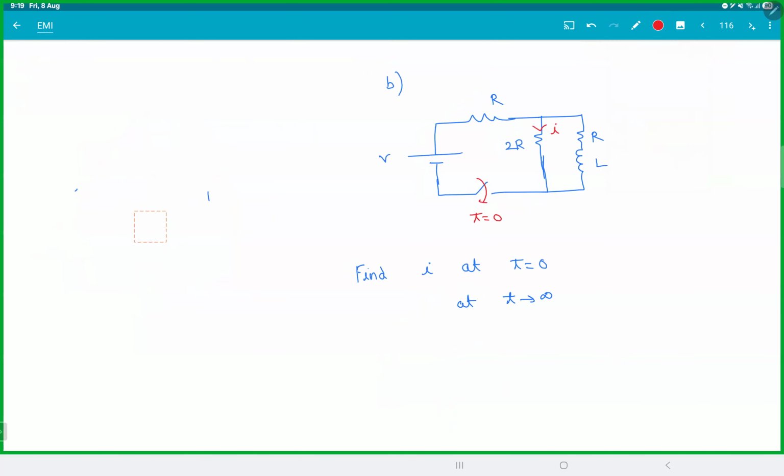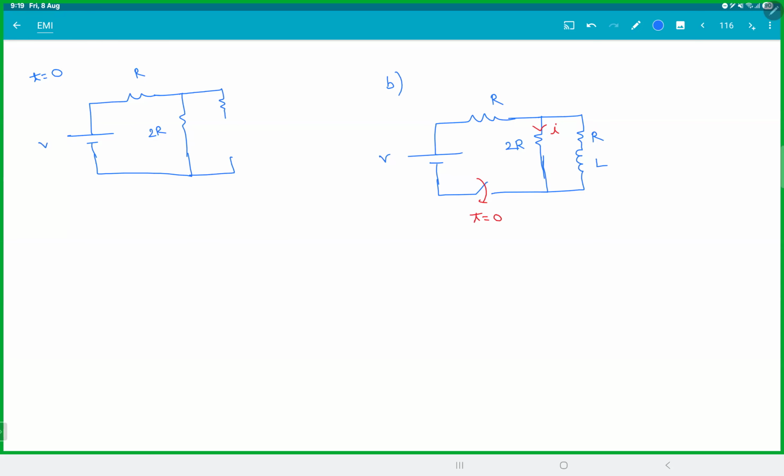What about this one? At T0, the inductor becomes open. So all the current will just go through the 2R. V by 3R.